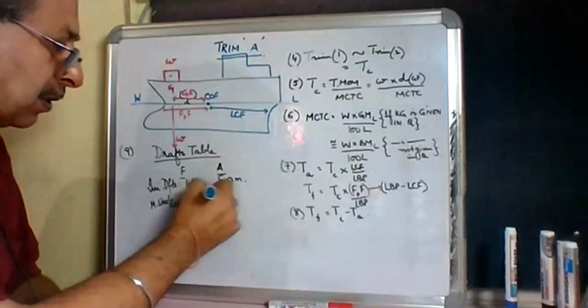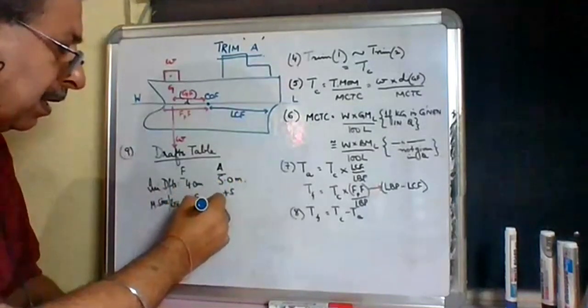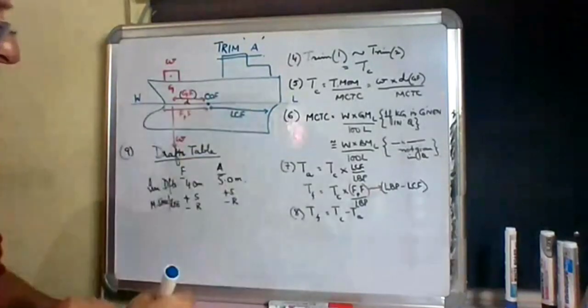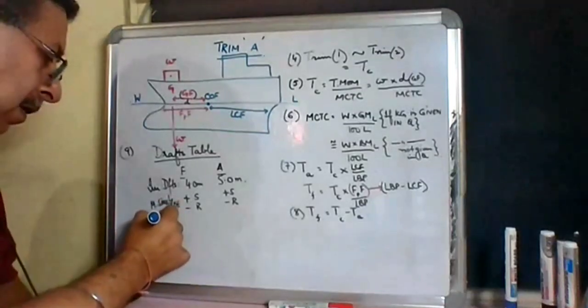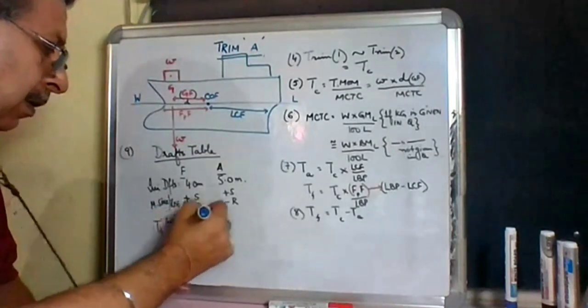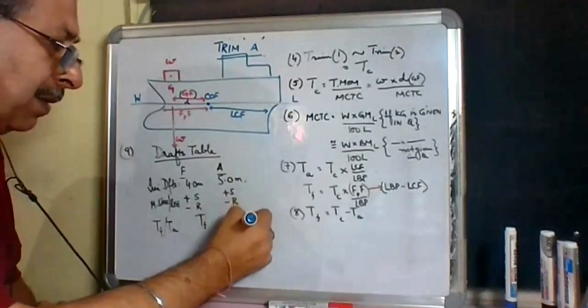So plus sinkage. If it's a rise, then there'll be a minus rise. Then comes TF and TA: TF is applied at the front, TA at the back.